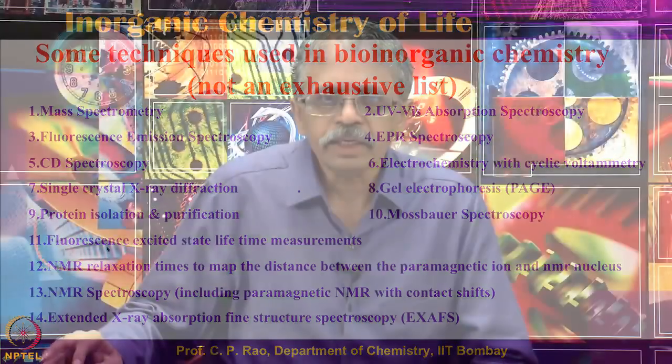You can also study NMR spectroscopy. What we study in general is the diamagnetic NMR, but here we can see paramagnetic NMR too, because iron 2+, iron 3+, cobalt 2+, cobalt 3+ have paramagnetism. The paramagnetism will shift the signals, giving the contact shifts.